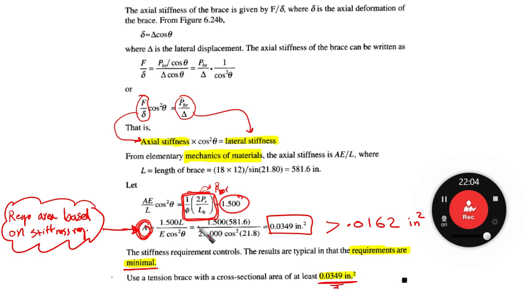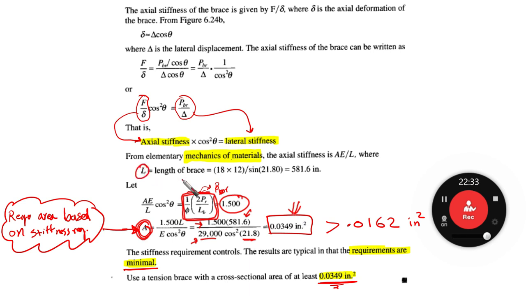theta. If we substitute with all values, E is 29,000, and cosine squared, it is cosine 21, and L is going to be 581.6. And then we can obtain the area that we are dealing with.